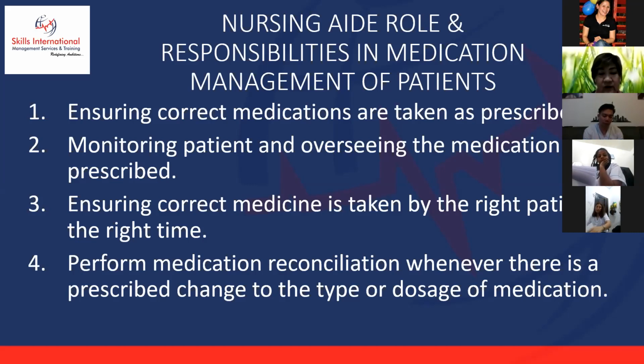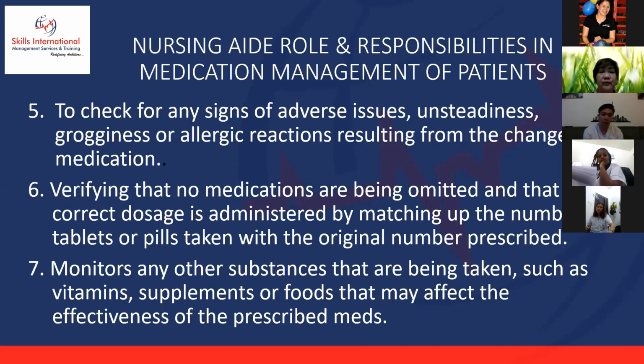Number 5, to check for any signs of adverse issues. For example, you have given the medication today, and you have observed that the patient is sleepy, vomiting, or nauseated.